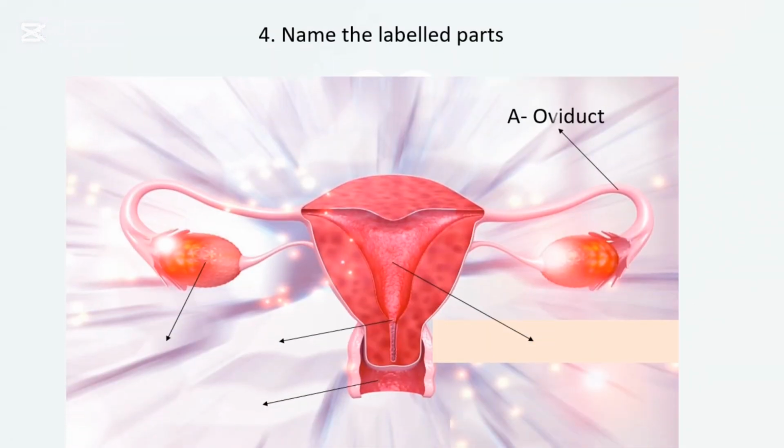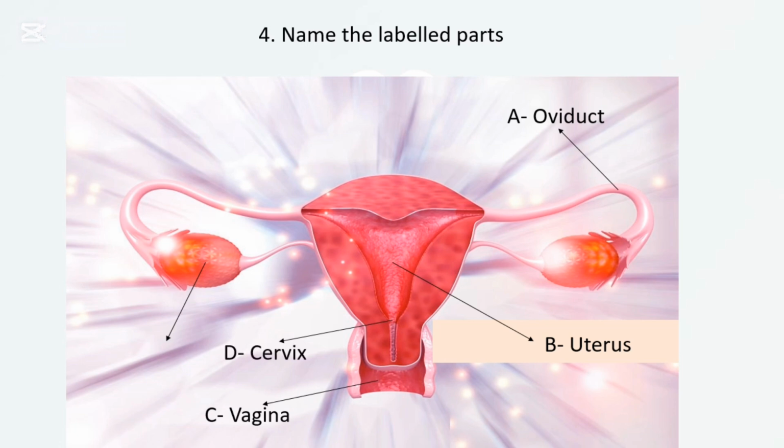Well, the correct answer of part A is the oviduct, that is where fertilization takes place. Part B, it is the uterus, which provides room for the development of the baby, and it's also where there is attachment of the fertilized egg. Part C, it is the vagina. Vagina, it is where the sperms are deposited.